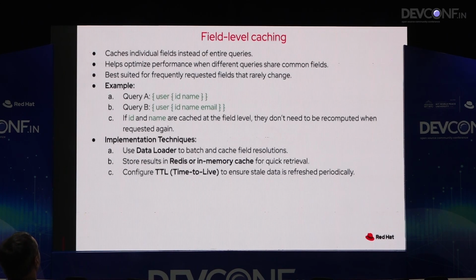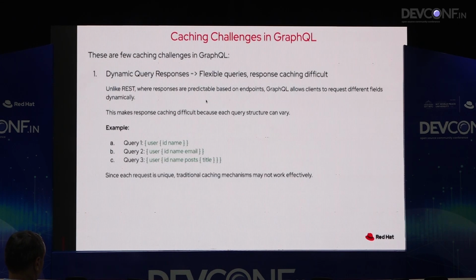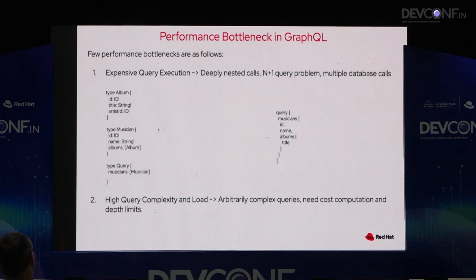Okay. So next is the field level caching. Response caching is like caching the whole response, but what if you cache only a particular field belonging to a particular result? For example, as you can see here, in the previous example, we had these albums. You can have a lot of queries asking for a particular musician's album.